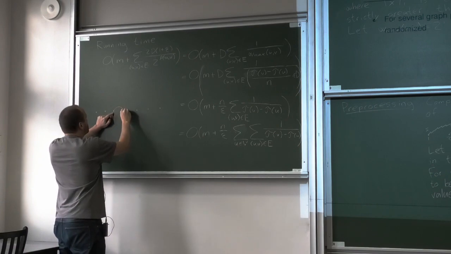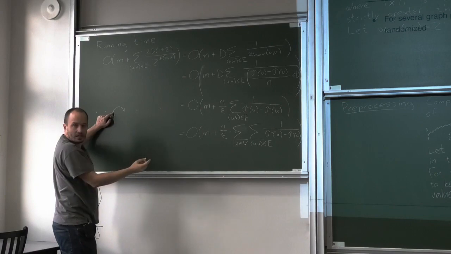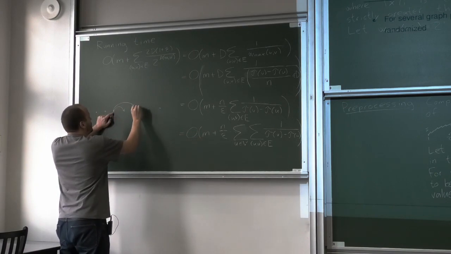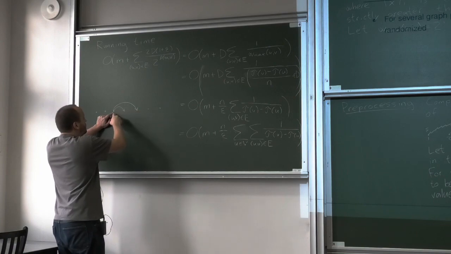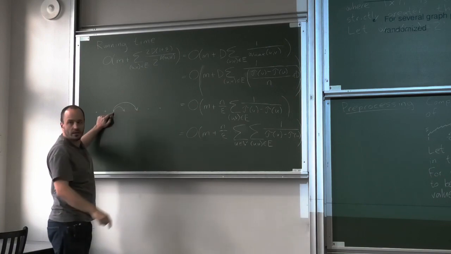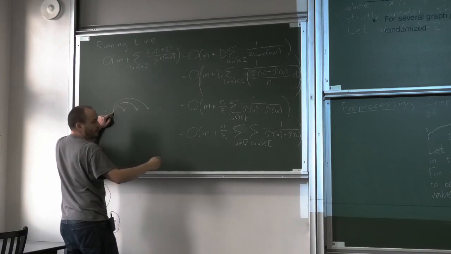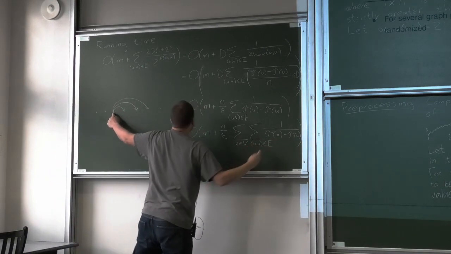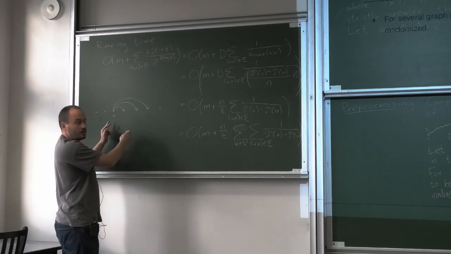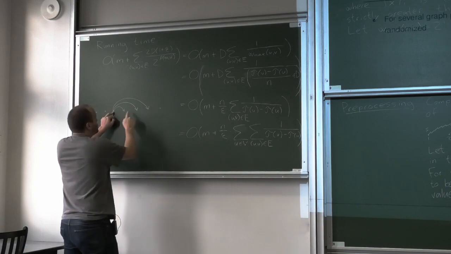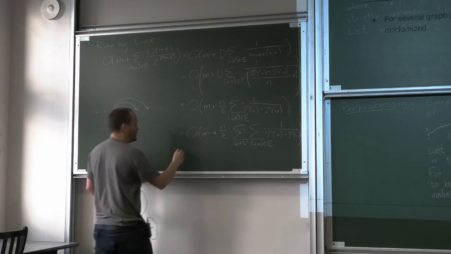So there can be at most one edge here. So the largest that this sum can be is if every vertex to the right of u is connected from u. And these differences here are just the difference in rank, so this denominator will be 1, 2, 3.